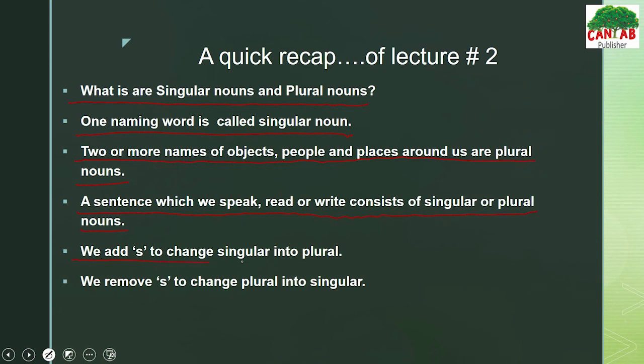We add an s to change singular into plural. We remove the s to change plural into singular. As toy becomes more when we add toys, and toys becomes one when we remove the s.